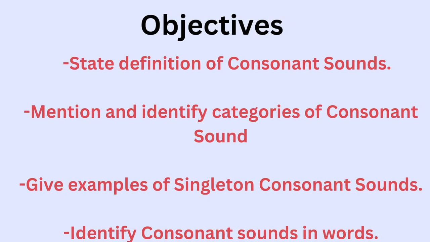You should be able to give examples of singleton consonant sounds. We will be looking at singleton consonant sounds in today's lesson, and you should be able to identify examples of consonant sounds whenever they are used.